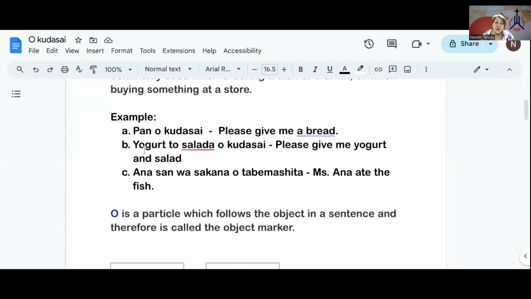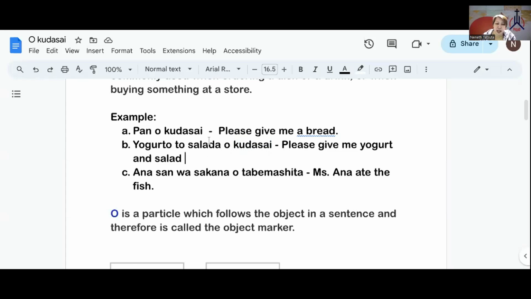Or for example, yogurt to salada o kudasai. Please give me yogurt and salad. So the kudasai here represents that you are asking for something, telling the other person, please give me this. Kudasai.